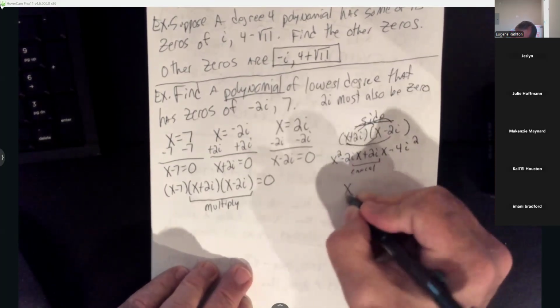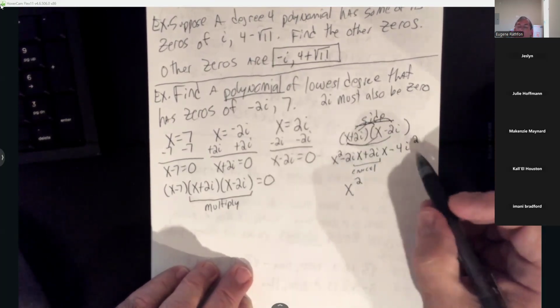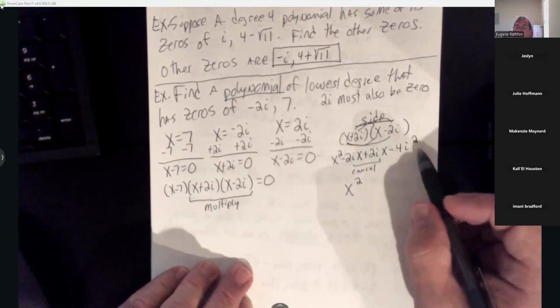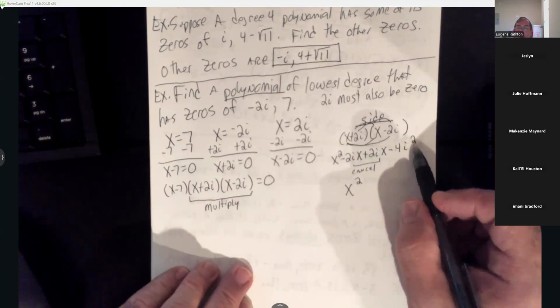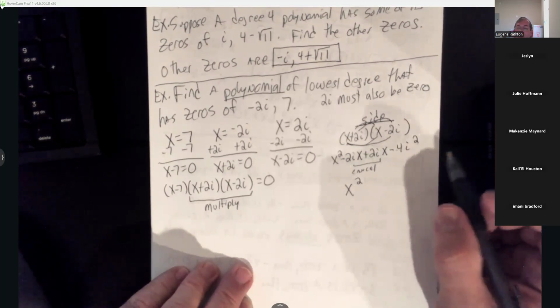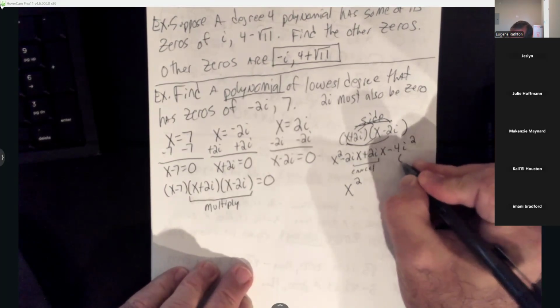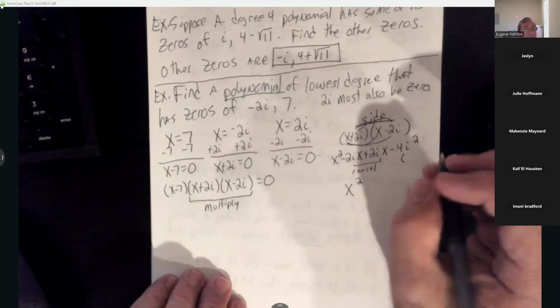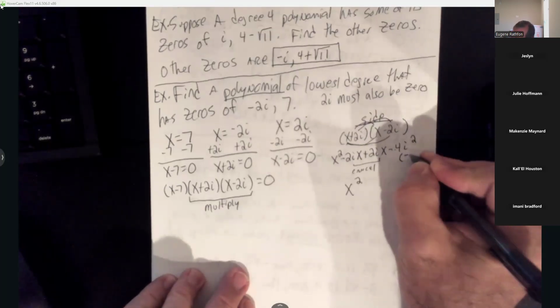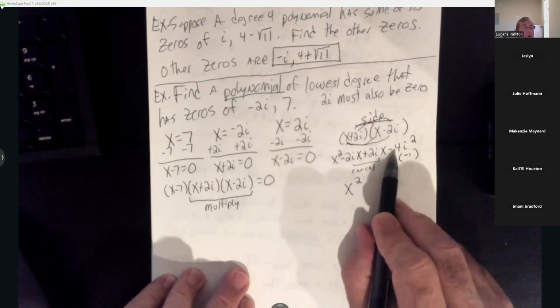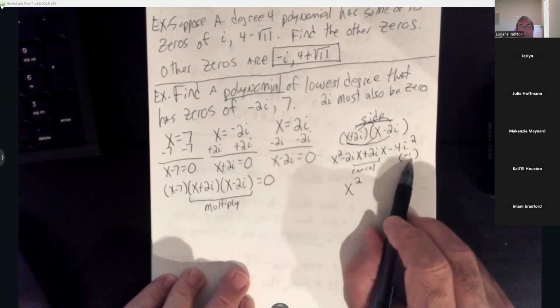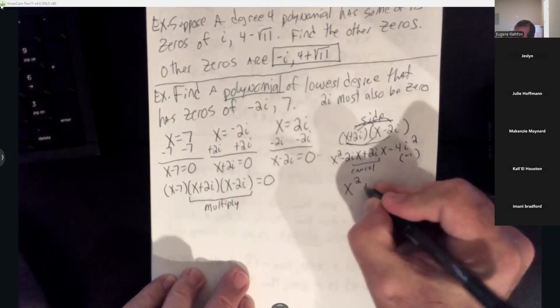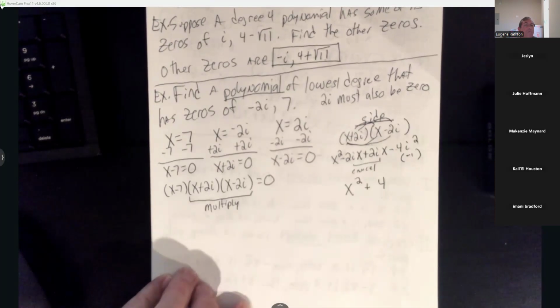So I'll bring down the x squared. What is this going to equal? Negative 4i squared. Now remember, what does i squared equal, we said? Negative 1. So that negative 4 times that negative 1 is going to make that a positive 4 for us.